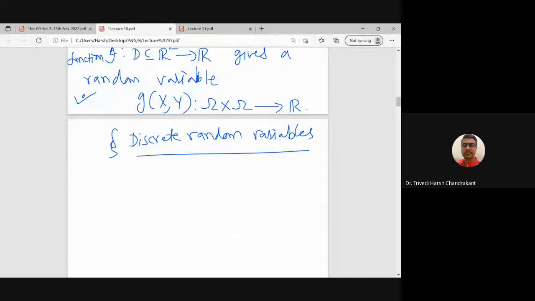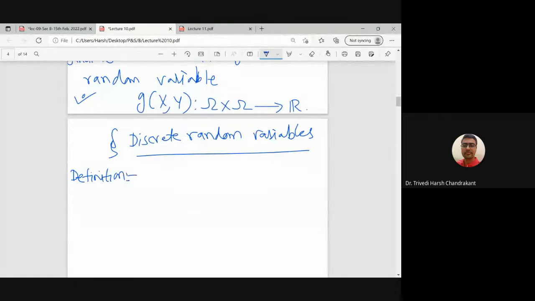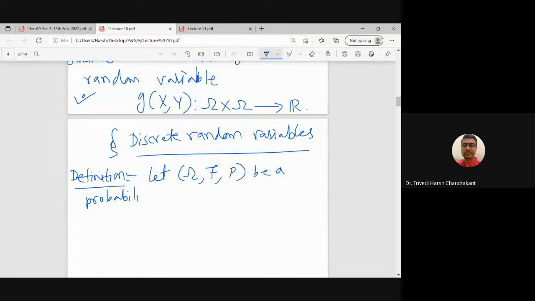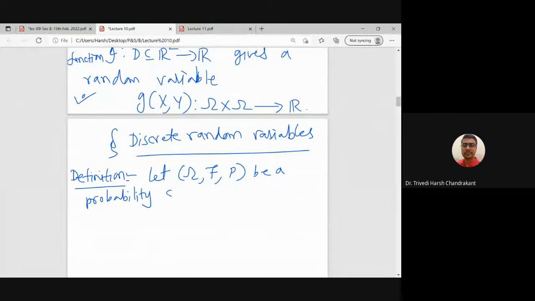So what is discrete random variable? Let omega, F and P be a probability space or probability model, right? And assume that X from omega to R is a random variable.